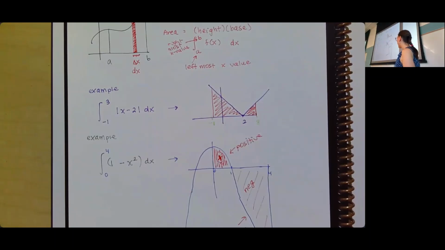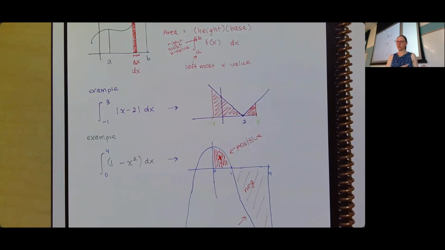The other way that this notation for definite integrals can switch from positive to negative is if I go backwards. And by go backwards, I mean, normally we're thinking about our x values moving towards larger and larger x values.